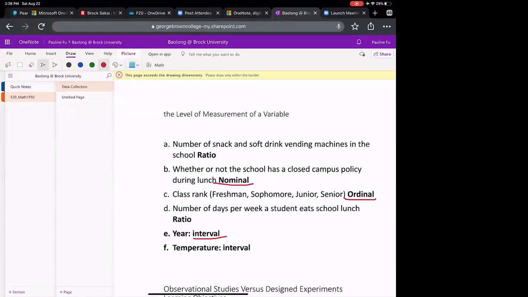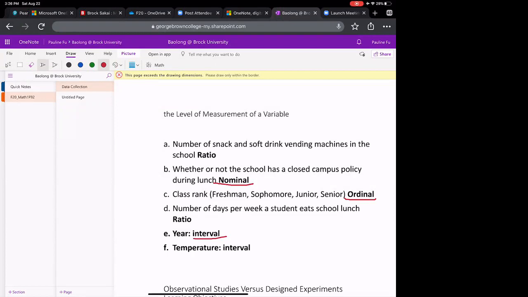A value of 0 in interval data does not mean the absence of the quantity. For example, this year is the year 2020. Last year was 2019. The year before last year was 2018. So you continue this pattern until you reach year 1, year 0. That year 0 does not mean the absence of the year.